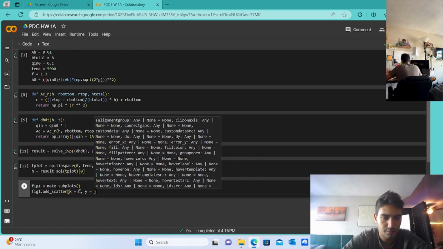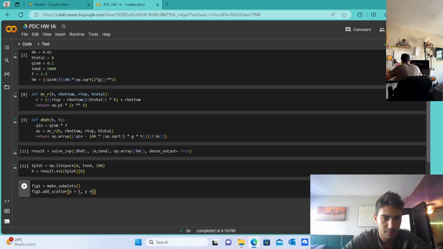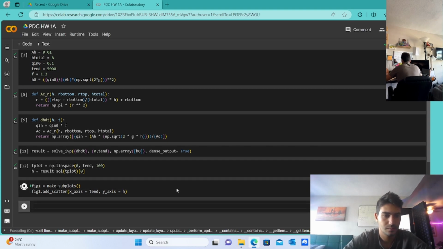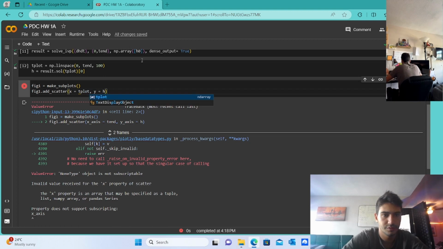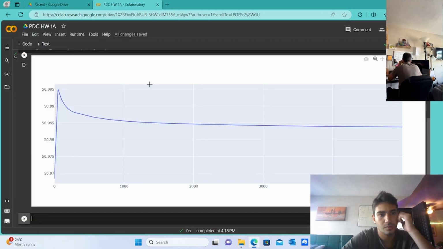Or actually, let's do the other way, right? Sorry, it's going to be t. It should be just x and y, right? And also, sorry, this isn't t, and this is t-plot, what we just tried to figure out. Let's see.